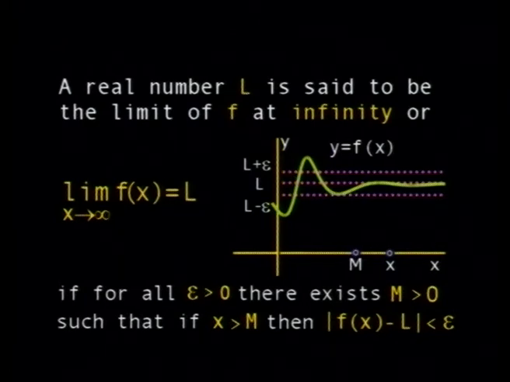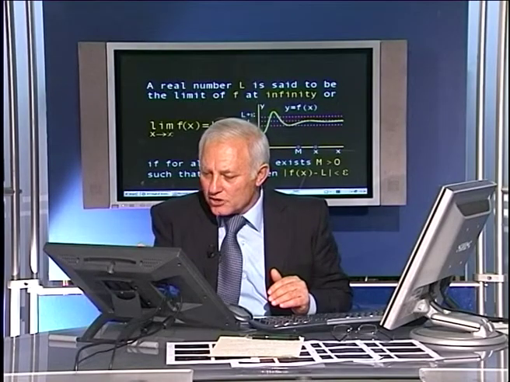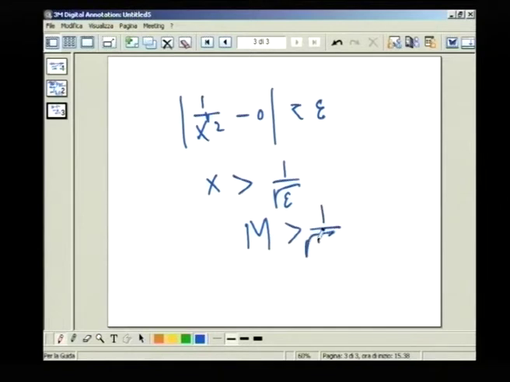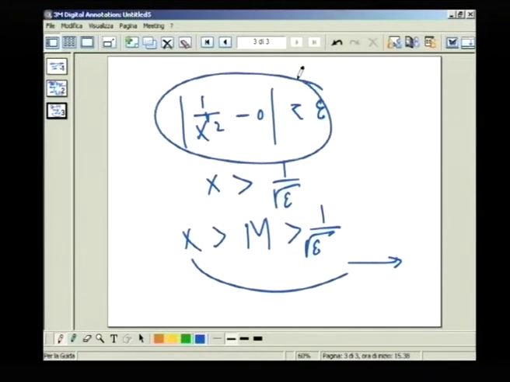Can I make 1 over x squared minus 0 less than a quantity epsilon? Yes, by taking x greater than 1 over the square root of epsilon. So if I define a certain number m greater than that, then all values of x greater than this will make the value of 1 over x squared approach 0 within a predetermined quantity epsilon.